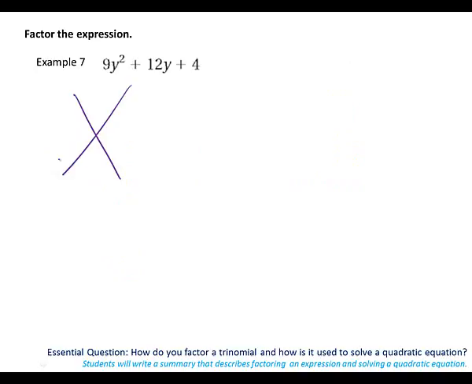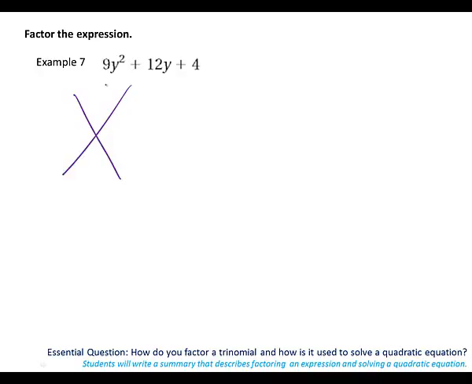Give you about 20 more seconds or so to finish it up. All right, let's check it together.